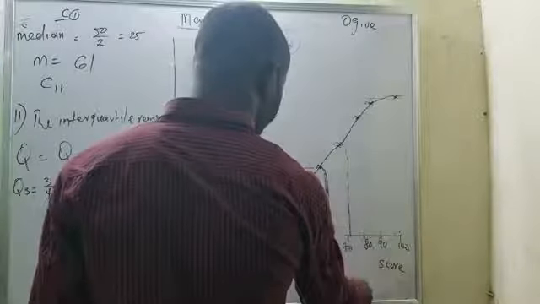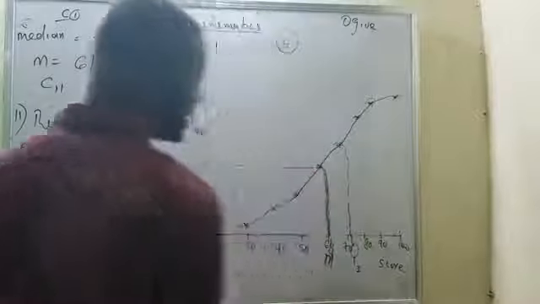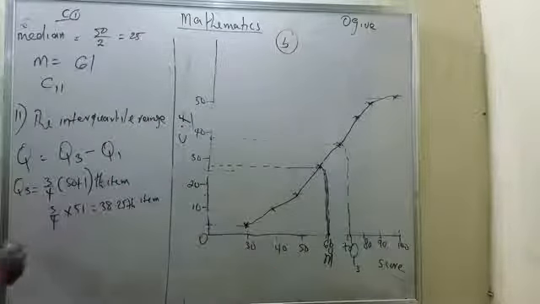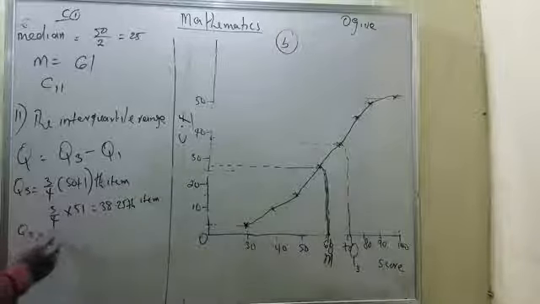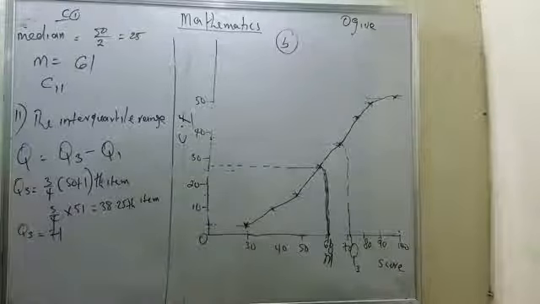Now, it will be 70. Whatever you have here, we call it Q3. Any number value you have there, that's your Q3. My Q3 will be 73, which is from the graph I have worked here.